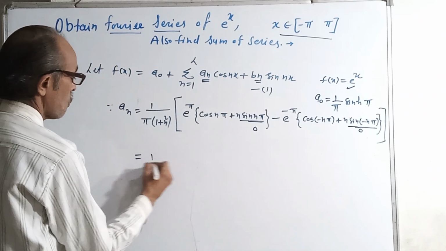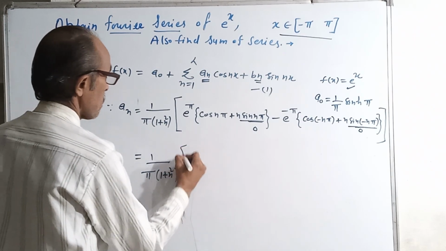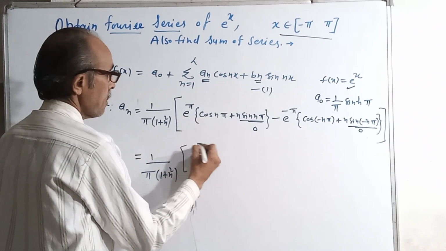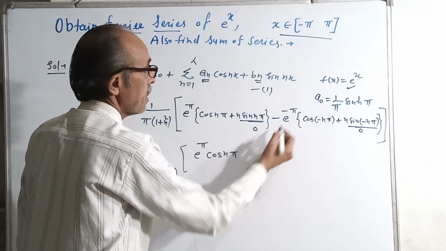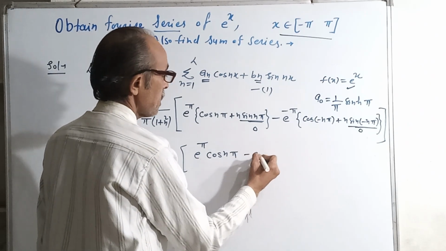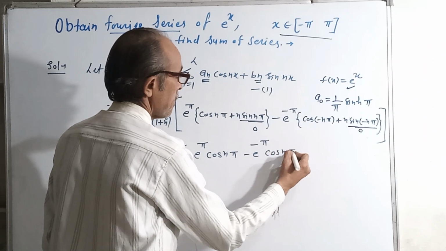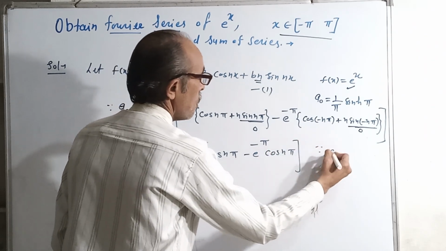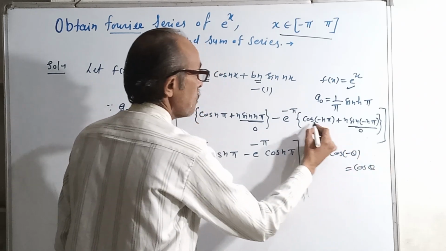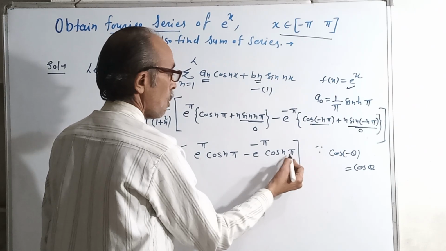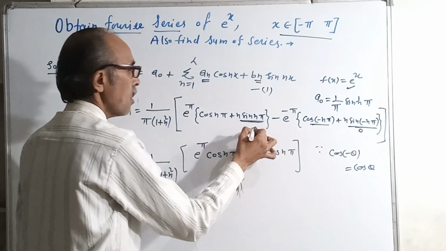Then an is equal to 1 upon π(1 plus n square) e raised to π cos(nπ), and here minus e raised to −π and cos(nπ), because cos of −θ is equal to cos of +θ, so cos(−nπ) is equal to cos(nπ), and sin(nπ) is 0 here and sin(nπ) also here 0.